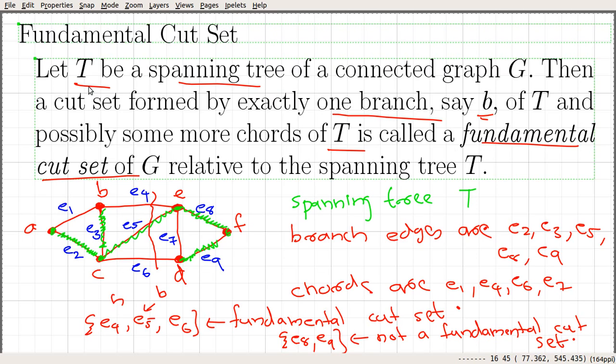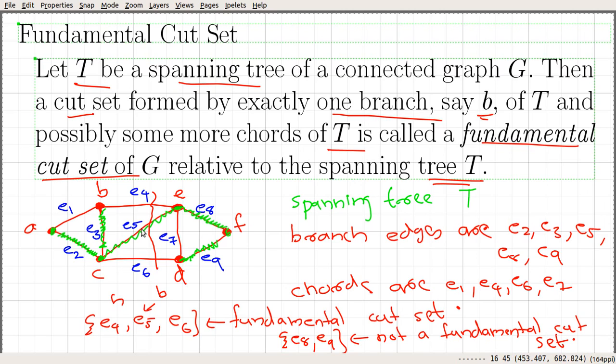A fundamental cut set: let T be a spanning tree of a connected graph, then a cut set formed by exactly one branch of T and possibly some more chords of T is called a fundamental cut set of G relative to the spanning tree. So if you take a different spanning tree, and this graph could have many spanning trees, with respect to a particular spanning tree we define what is called a fundamental cut set.